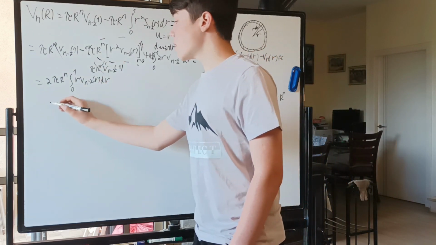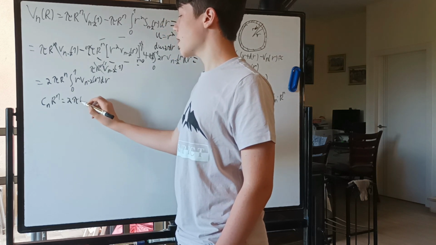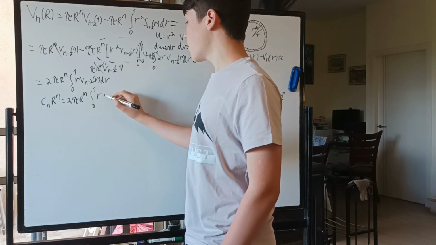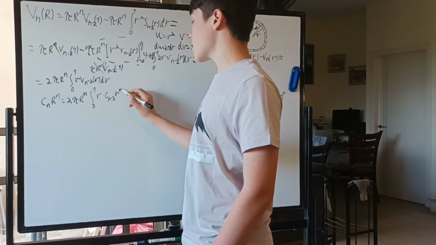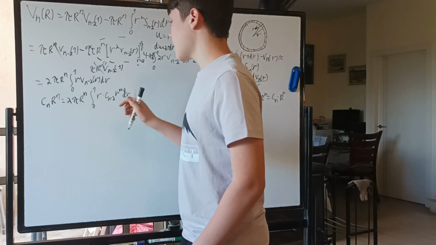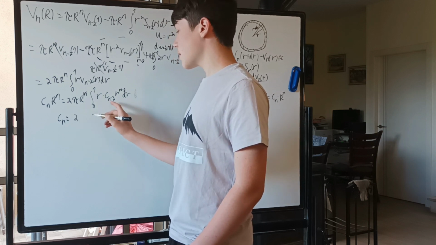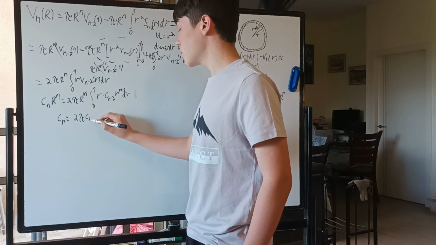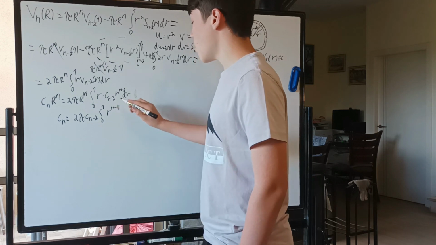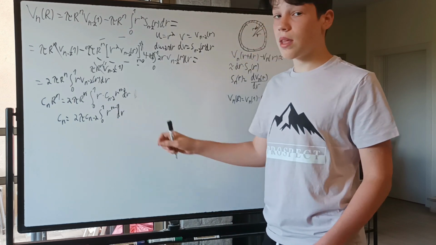So let's do this. We'll have C_n r to the n equal to 2 pi r to the n times the integral from 0 to 1 of r times C_{n-2} r to the n minus 2 dr. Now, first of all, I'm going to cancel r to the n, and we'll have C_n equal to, I'm going to take C_{n-2} out of the integral, and this is going to be the integral from 0 to 1 of r to the n minus 1 dr. This is just r to the n over n.